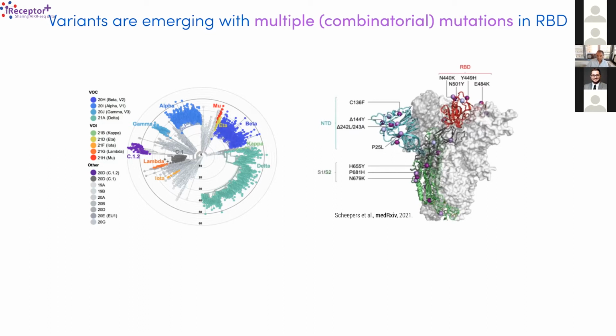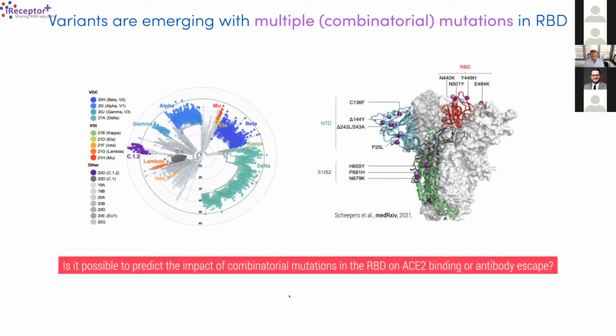And it already has 4 mutations in the RBD alone. So essentially, we also know that, of course, the Beta and Gamma variants also have 3 mutations. And so the point is that we need to actually think a little bit beyond single mutations. In fact, if we really want to understand the impact of mutations, we need to start considering combinatorial mutations in the RBD and how these can impact antibody escape.